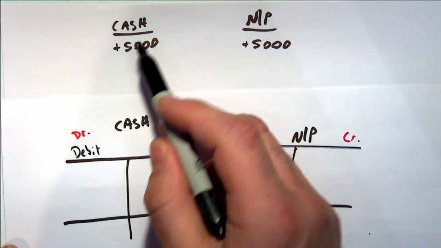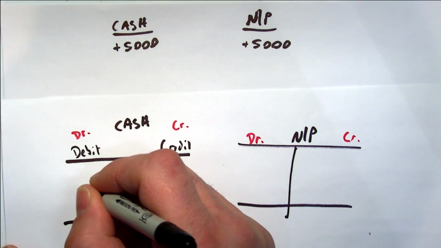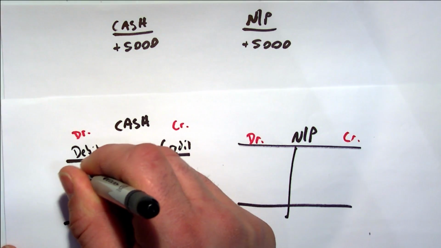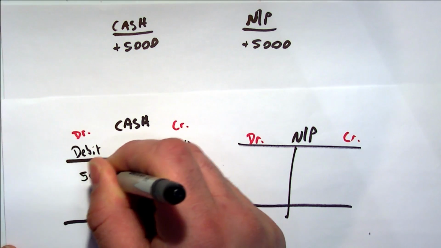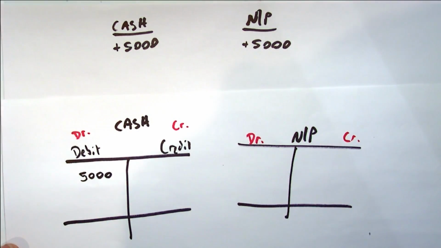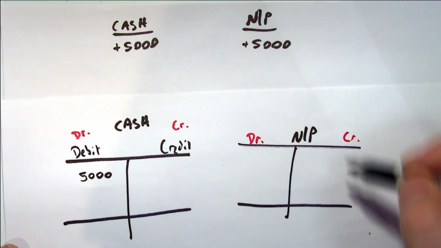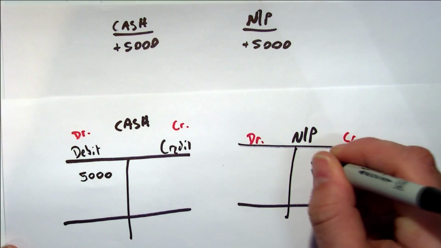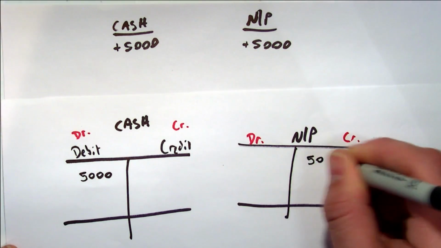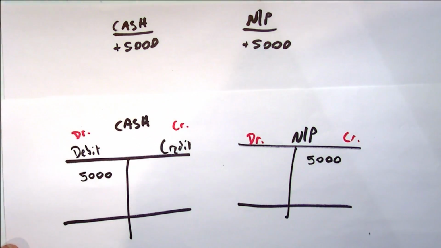Increases for cash are kept track of on the left side or the debit side. So you would write 5,000 right there. Increases for notes payable, as I've told you, are kept track of on the credit side. So you would write that right there. Are you with me? I know you have some questions. I'm going to hold you off till the end, okay?